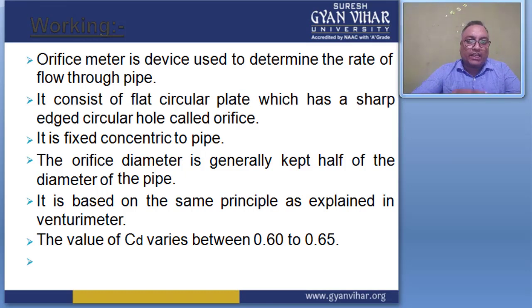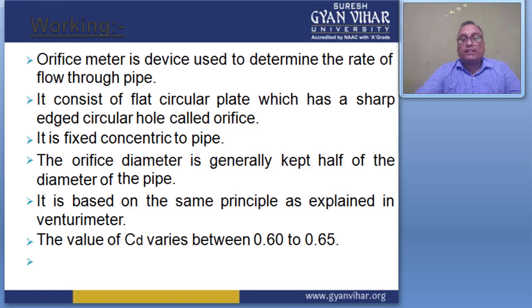The working of this orifice meter is similar to the venturi meter principle, but the orifice requires much less area compared to the venturi meter, so it is used in flow measurement for pipes.